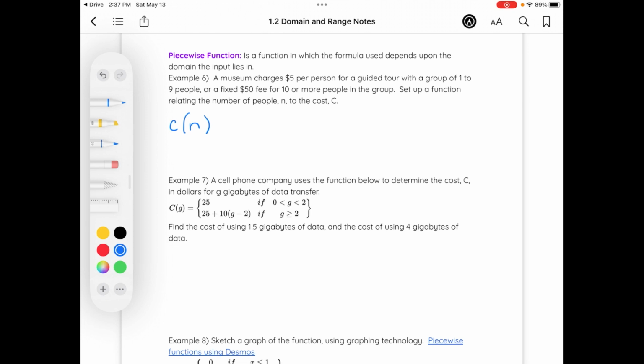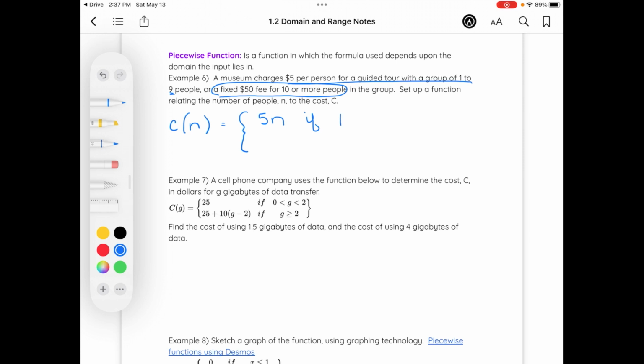We had two different pieces. We had $5 per person with a group of 1 to 9, or if we had 10 or more people, it was $50. So it will be $5 per person if we have a group of 1 to 9 people. So we can't have half of a person.